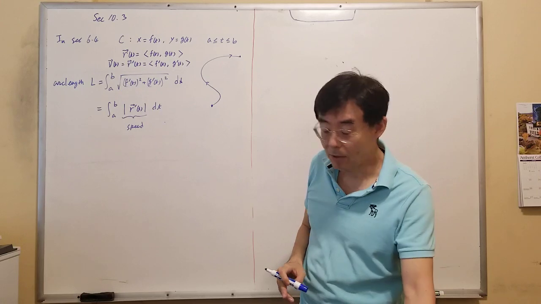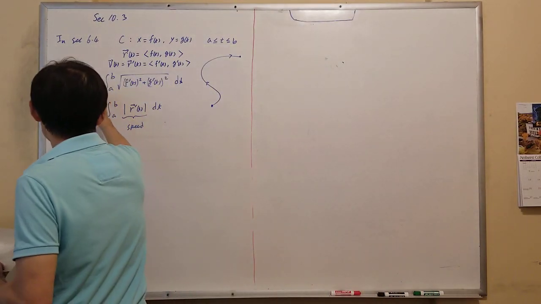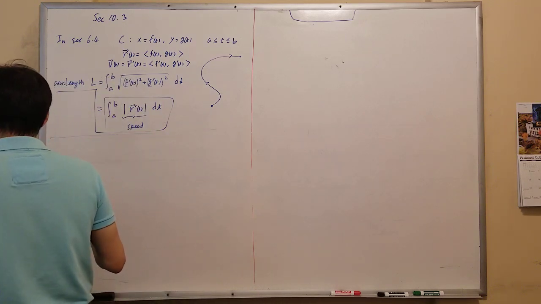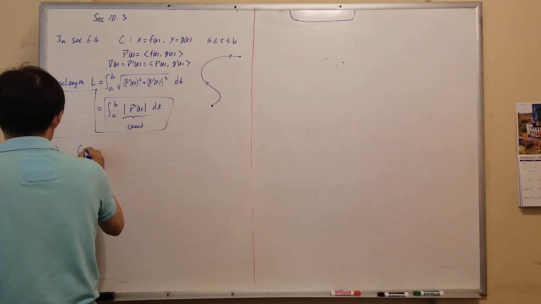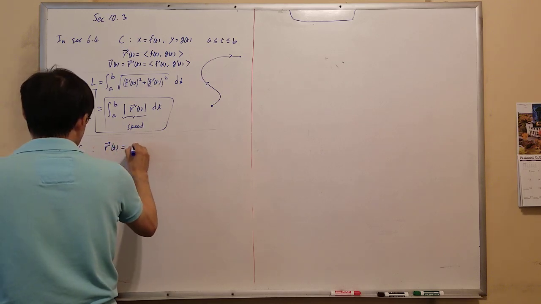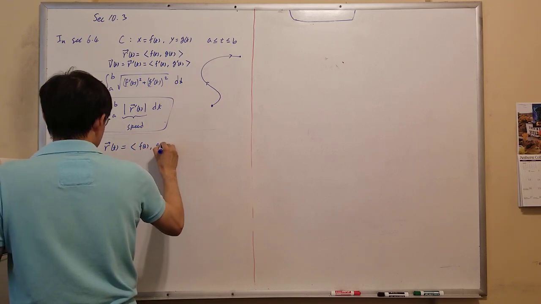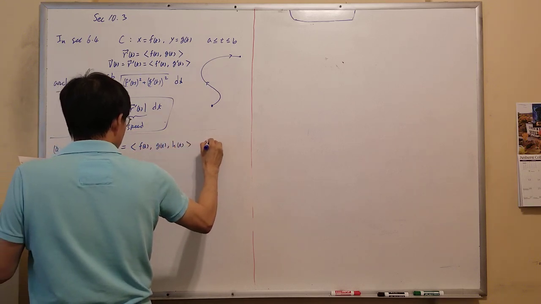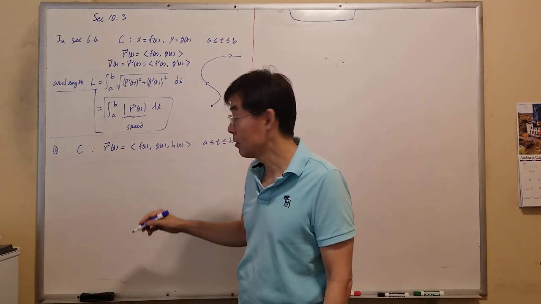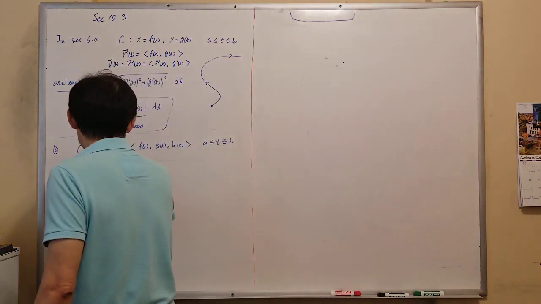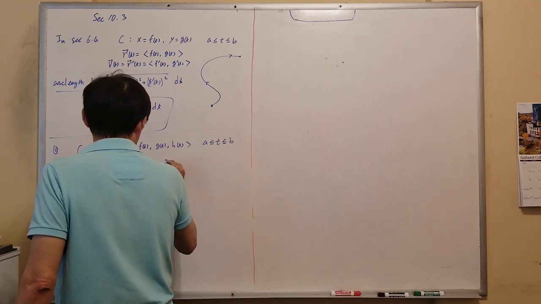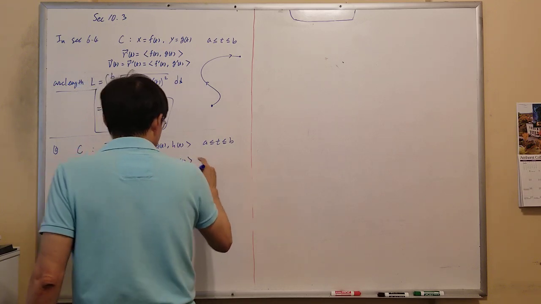Okay? So, because of this, we can derive the arc length formula right away. If you have a space curve given by its position function from A to B, which means parametric equation x equals f of t, y equals g of t, z equals h of t, right?